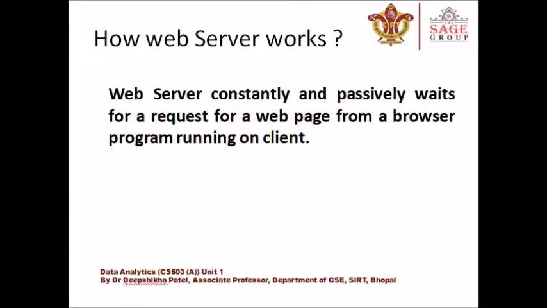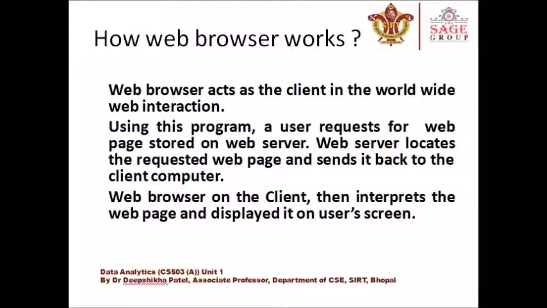Next, how does a web browser work? A web browser acts as the client in the World Wide Web interaction. Here we are looking at the interaction between client and server, and the web browser is software that is running on the client computer. Using this program, a user requests a web page stored on the web server.